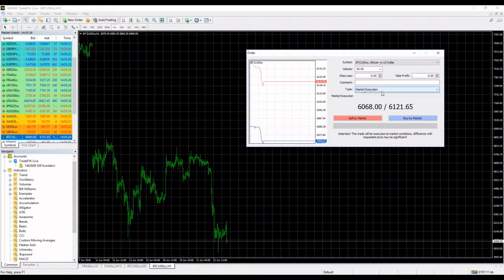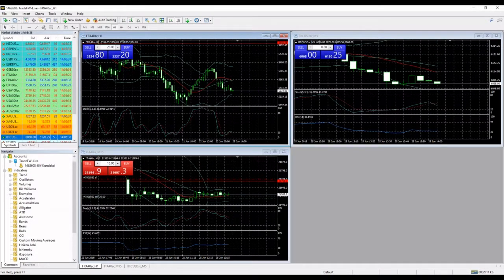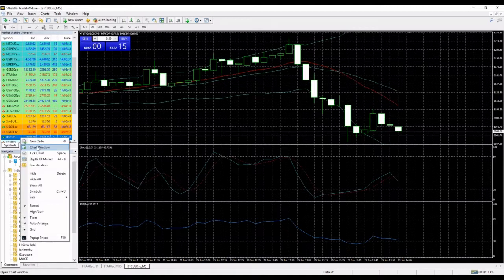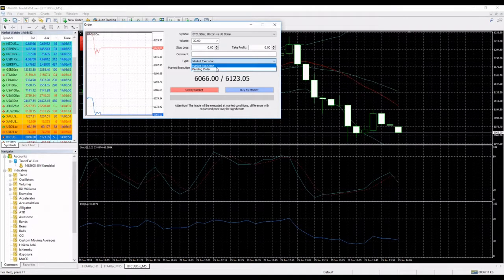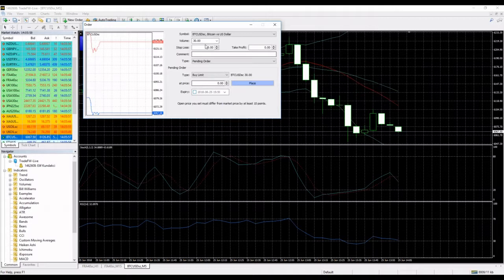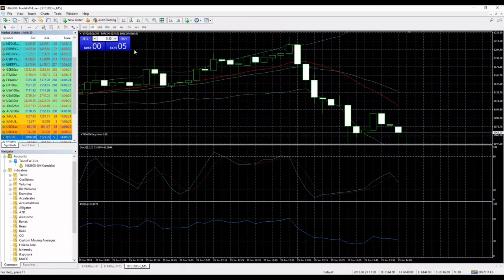There we will put a pending order, a buy limit, because I'm expecting the price to go up at 6,060. At 6,060, it will go long. Let's put a pending order. I just put a pending order, and we see how it will happen.